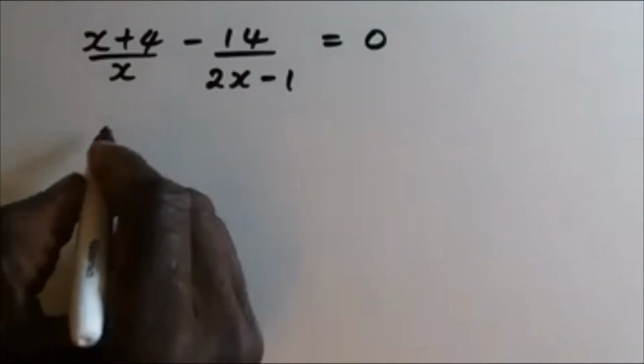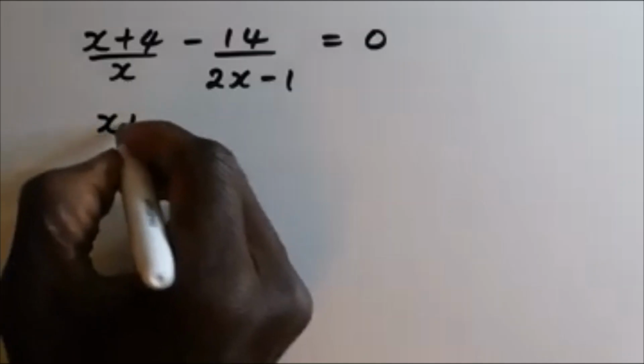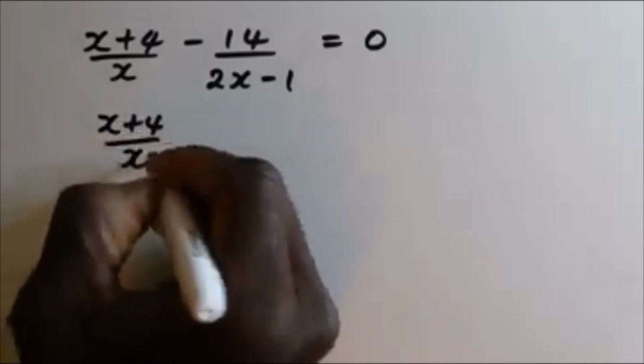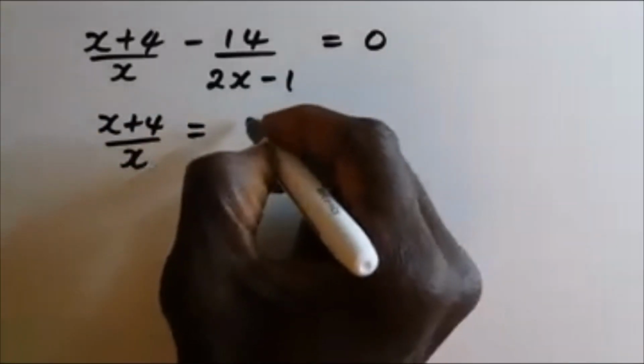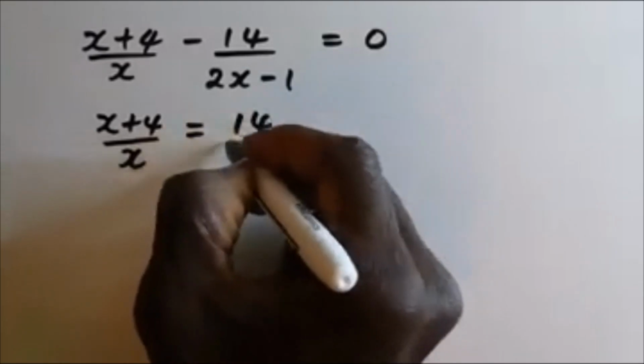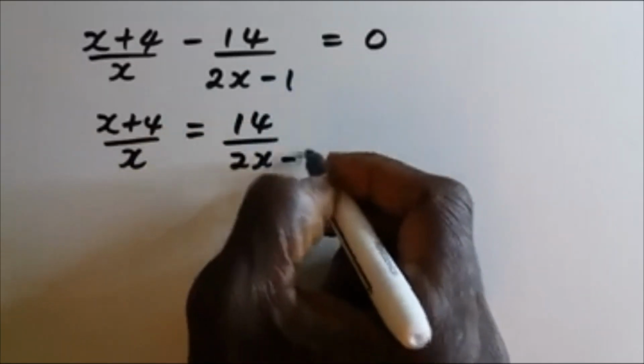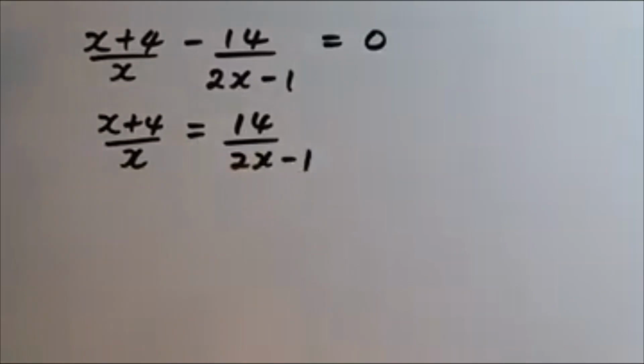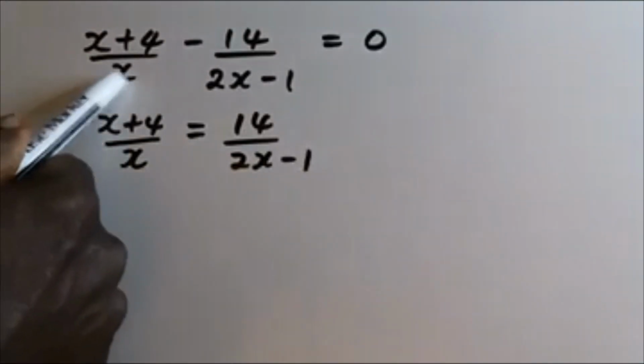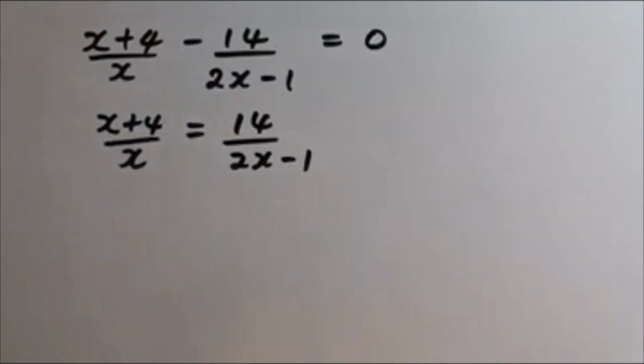So we can write that as x add 4 over x must be equal to 14 over 2x minus 1. That's the only way we can have these two equal to 0, one subtracted from the other. They must be equal.